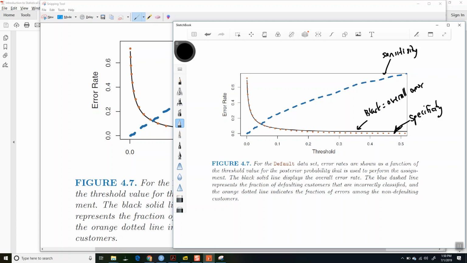Okay, so if we say we flag someone as going to default if they're over like 0.01, then now we're going to make huge errors.